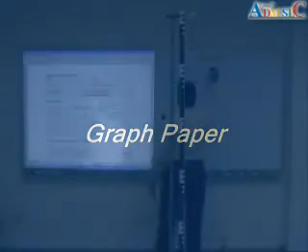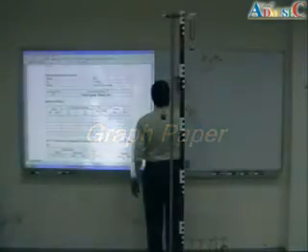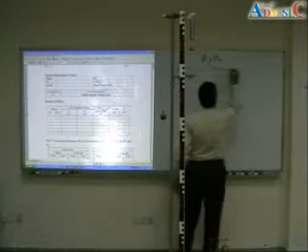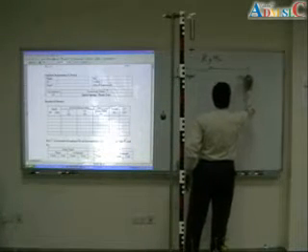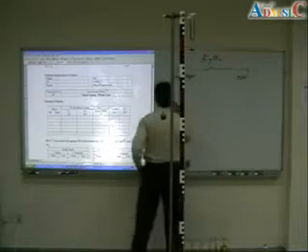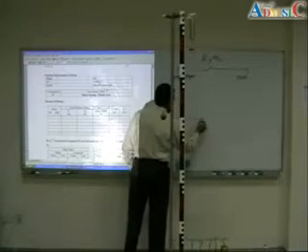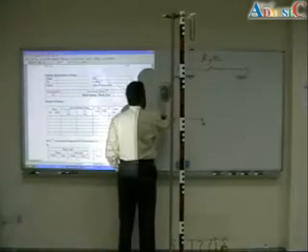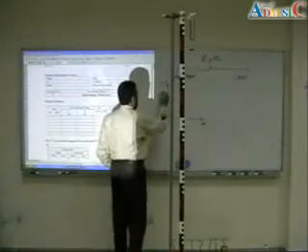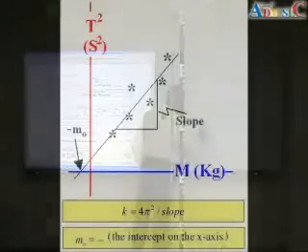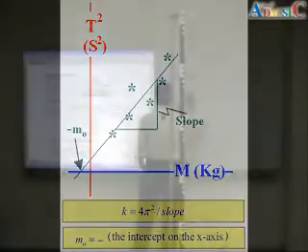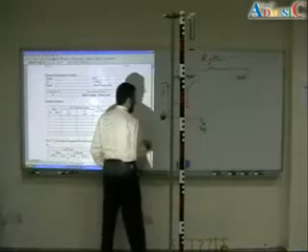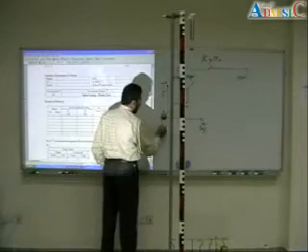So I will use graph paper and I will use Excel software. In the graph paper, just plot T squared, measured in seconds squared, against M, measured in kilograms, taking different M's. Get the slope from the graph paper and get M naught.